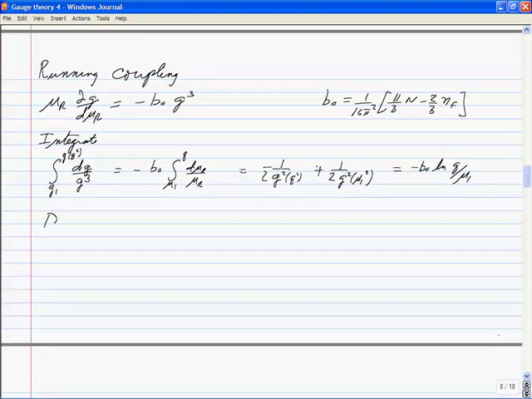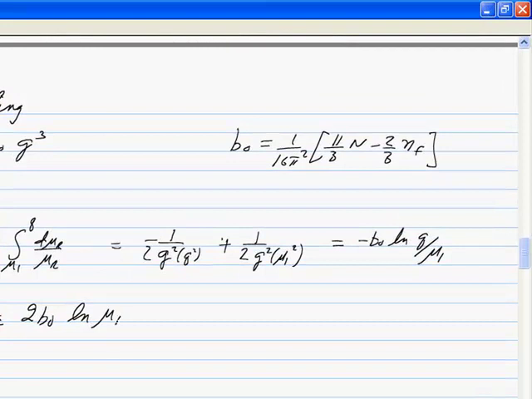We now define 1 over g squared of mu1 squared to be 2b0 log mu1 over lambda for some lambda.